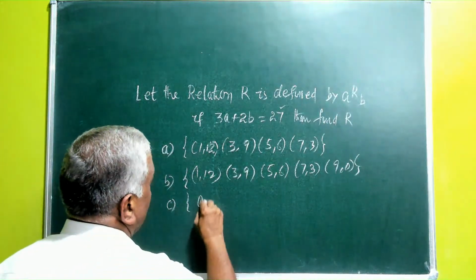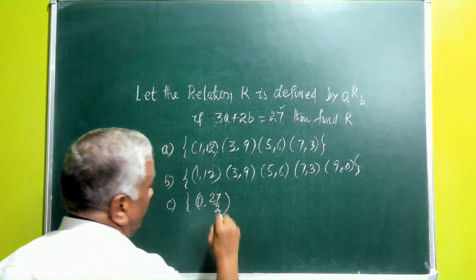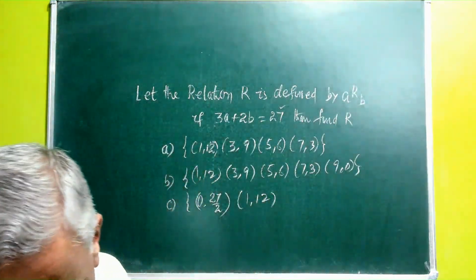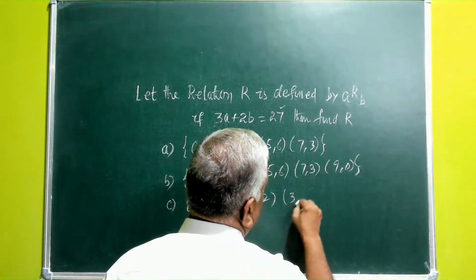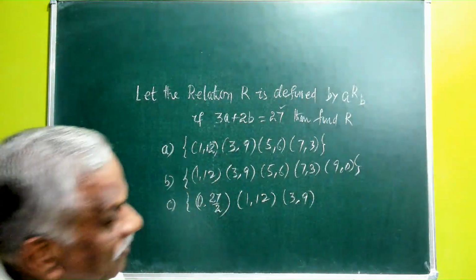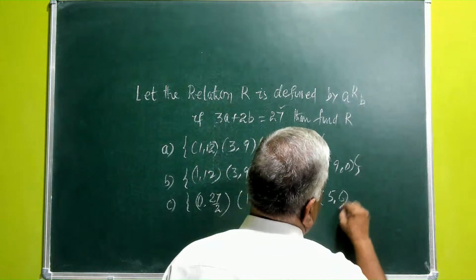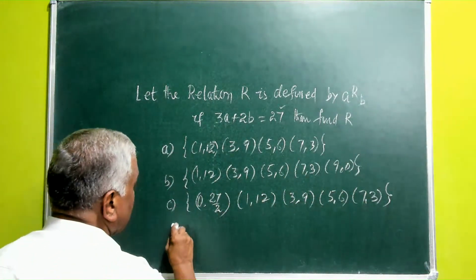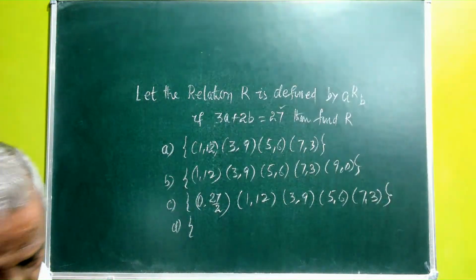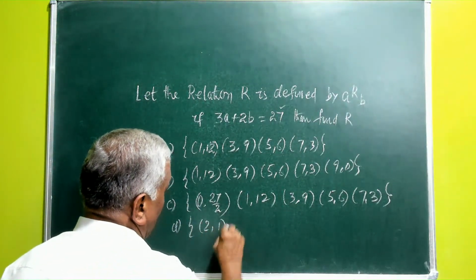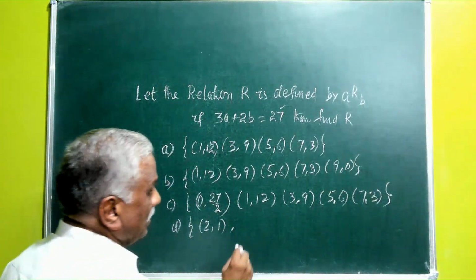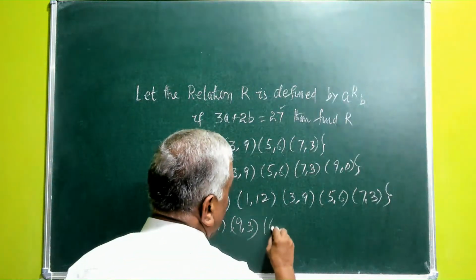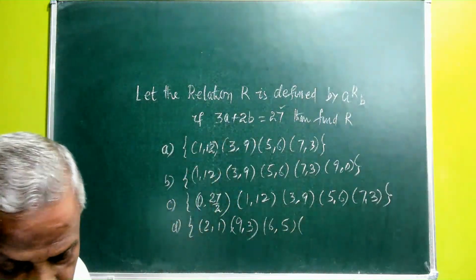The first: 0 comma 27 by 2, 1 comma 12, then 3 comma 9, then 5 comma 6, 7 comma 3, and 9 comma 0. The answer B is 2 comma 1, 9 comma 3, 6 comma 5, 3 comma 7.